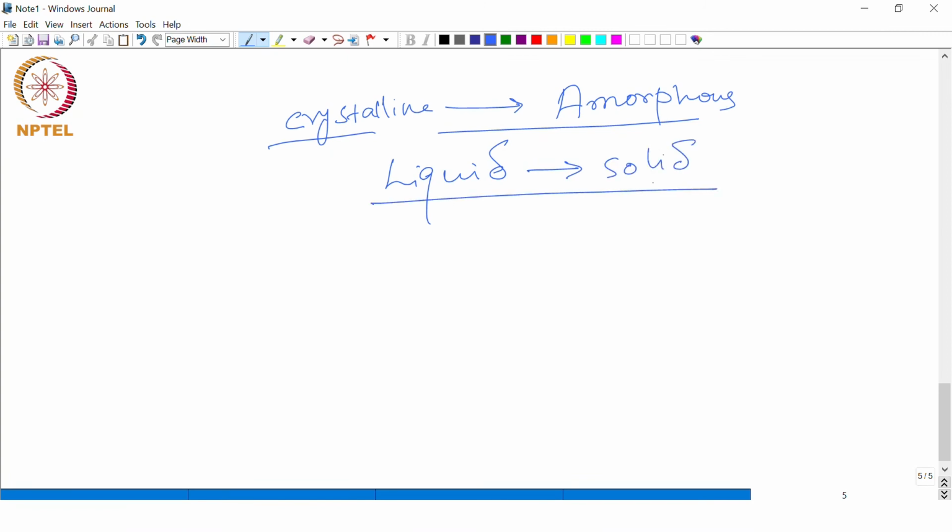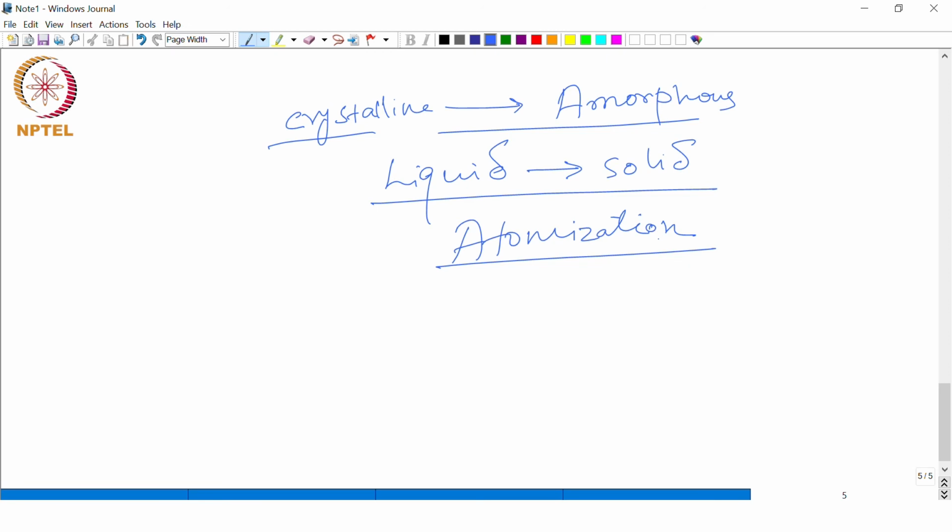And in this case, we are talking about this particular process, atomization, where the liquid stream, after it is broken into droplets, solidifies as solid powder.